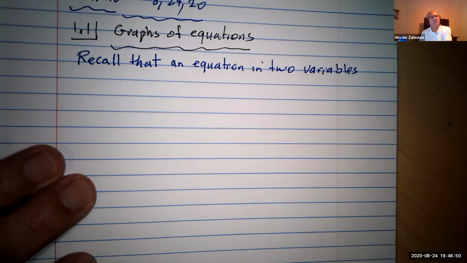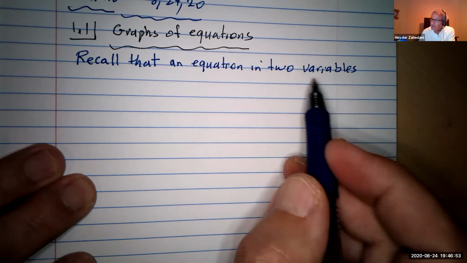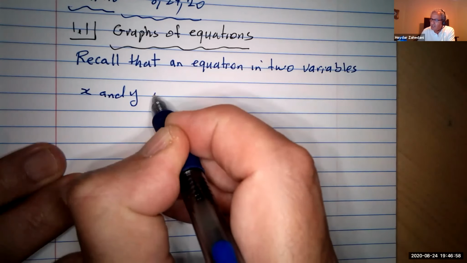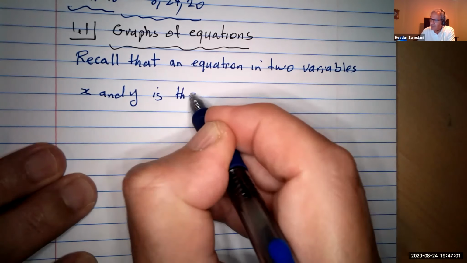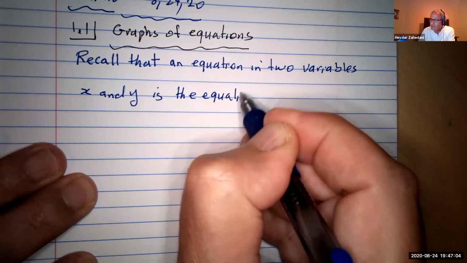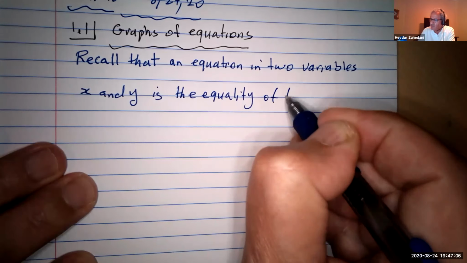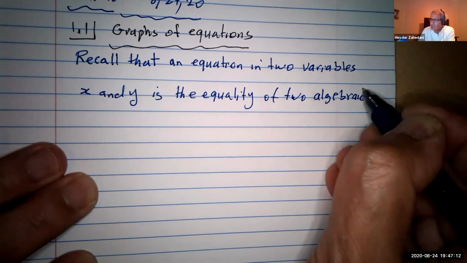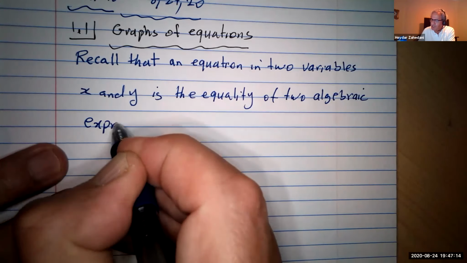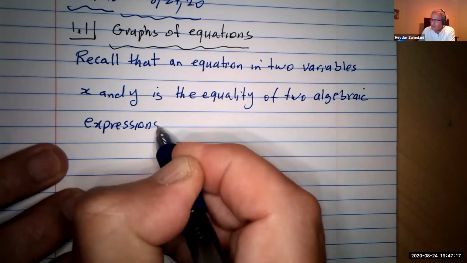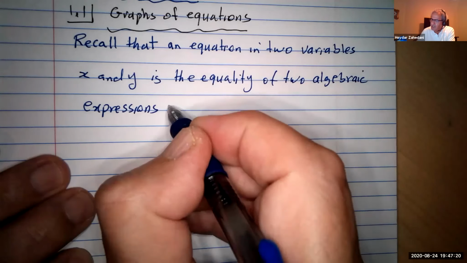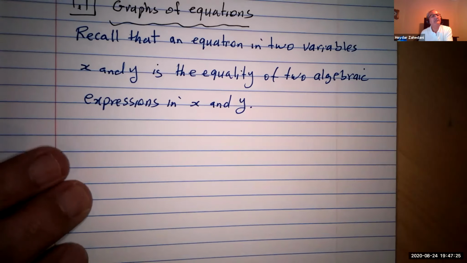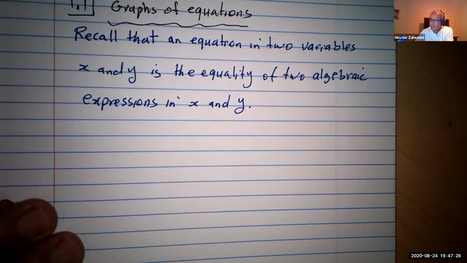So recall that an equation in 2 variables, x and y, is the equality of 2 algebraic expressions in x and y. Just a statement that gives you the equality of these together.